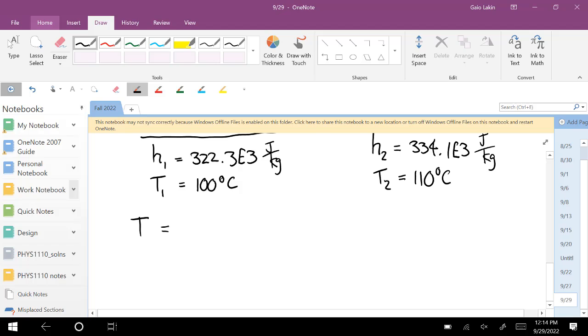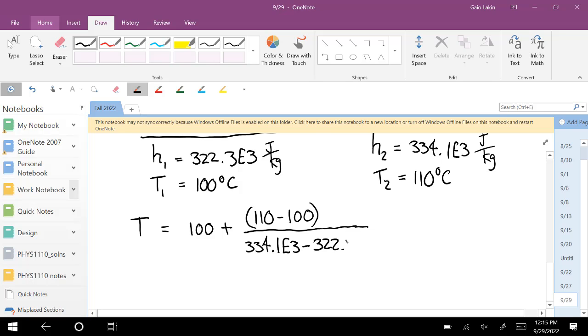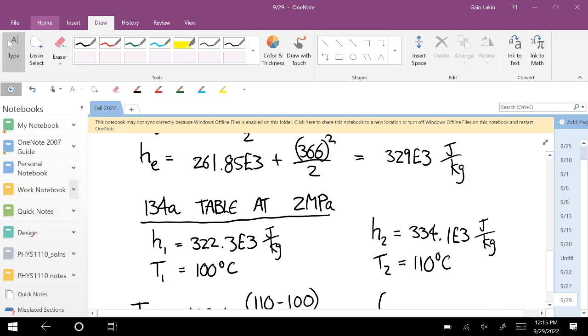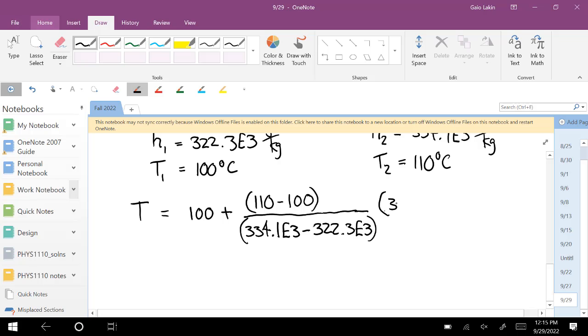So the temperature is equal to 100 plus the quantity 110 minus 100 divided by 334.1 minus 322.3 times 10 to the third (you can leave off the times 10 to the third when you're doing this, but I'm just going to put it in), times our desired enthalpy, 329 times 10 to the third minus 322.3 times 10 to the third.